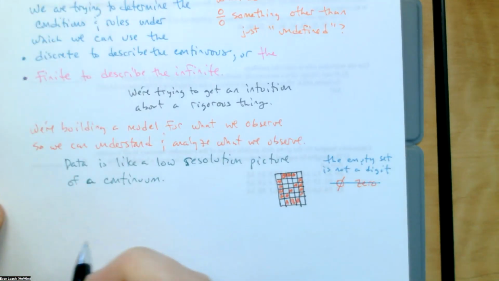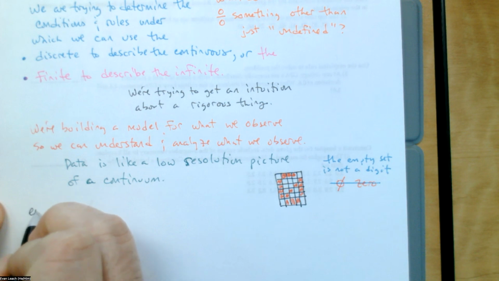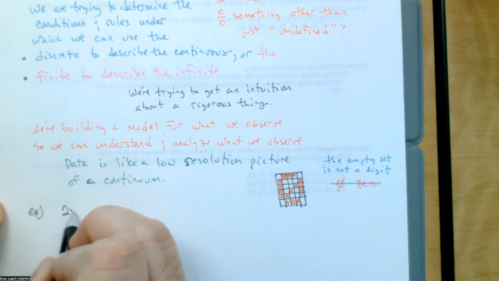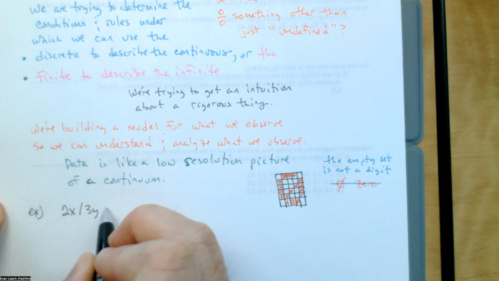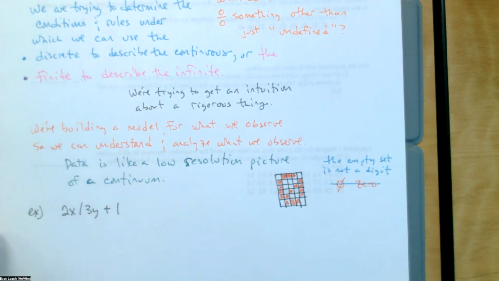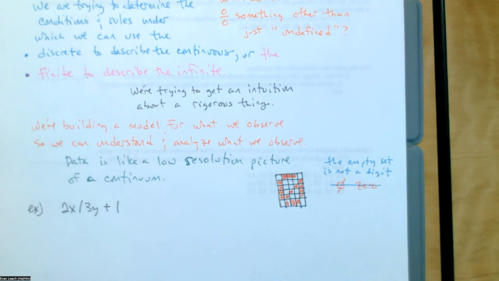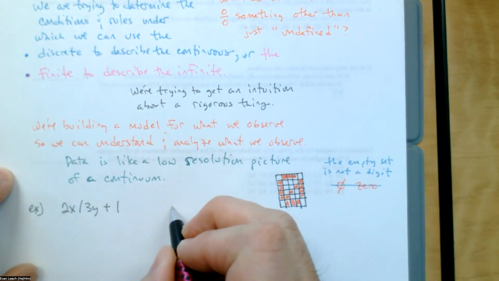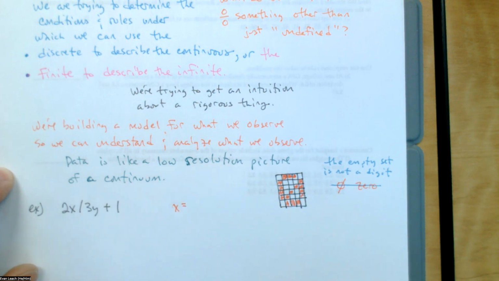Here's one of my favorite examples of a reading exercise. This comes up every once in a while, not this particular problem, but this is an order of operations question. Order of operations. Let's see.